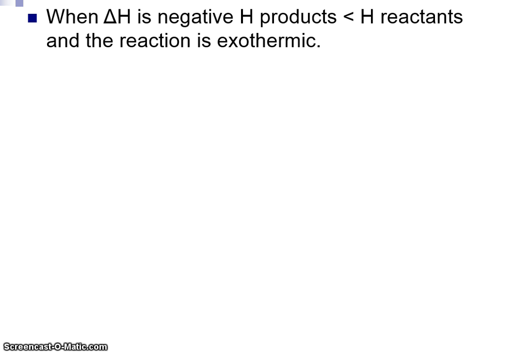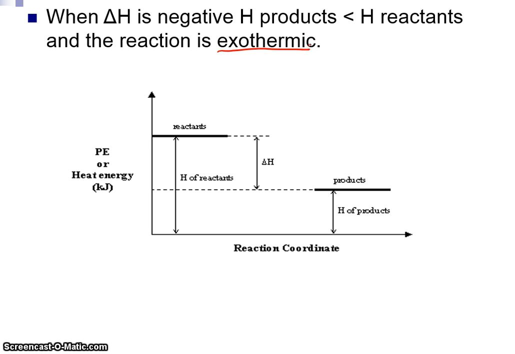When delta H is negative, and the heat is negative, the heat of the products is less than the heat of the reactants. But the big part is that this reaction is exothermic. And so if we look at this diagram, we haven't looked at a diagram like this before specifically, but we actually have. And when we looked at it, we had the whole reaction coordinate coming in here.